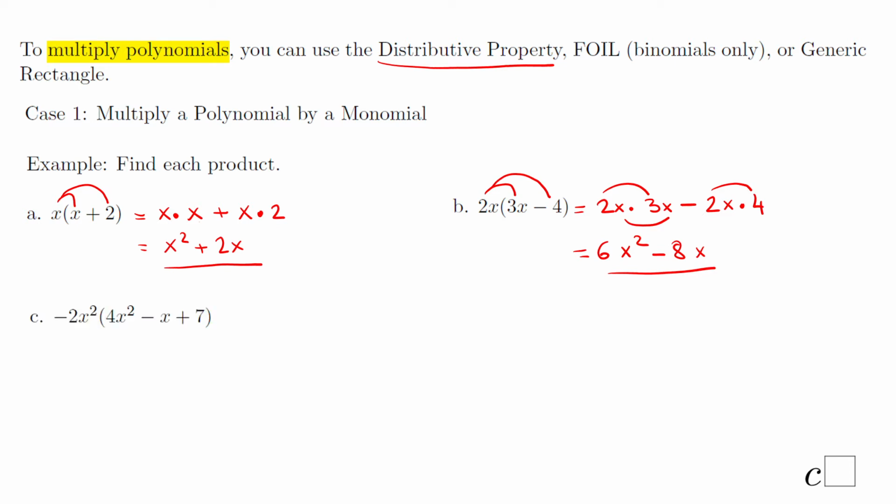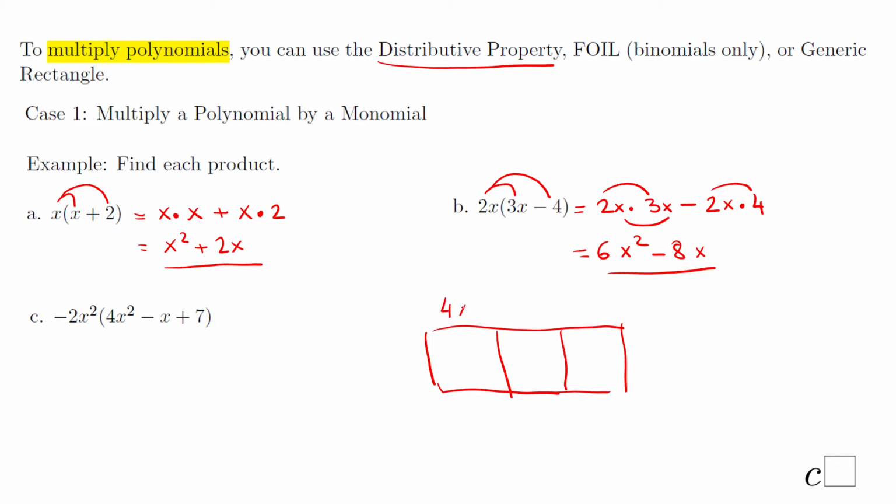On C, I can do the same thing and use the distributive property, but I want you to see the generic rectangle. It does work fine here. If you like it, you can use it. You see I have a rectangle of 3 boxes. Why 3 boxes?